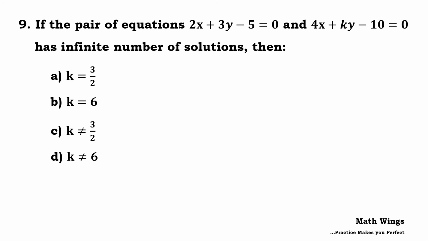We'll move on to the next question. Here the question is, if the pair of equations 2x plus 3y minus 5 is equal to 0 and 4x plus ky minus 10 is equal to 0 has infinite number of solutions, then k should not be equal to or should be equal to which value? Okay, so to answer this question, what is the condition for infinite number of solutions?